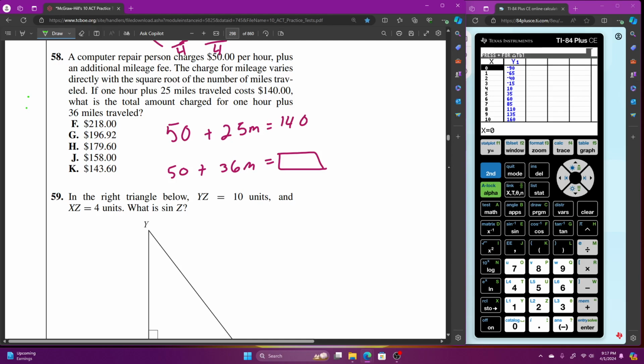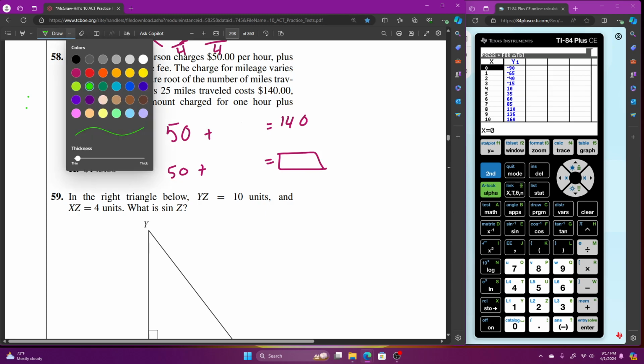Let's see. Maybe it's not exactly written like this. A computer repair person charges $50 per hour, and we know they only worked 1 hour, plus an additional mileage fee. The charge for mileage varies directly with the square root of the number of miles traveled. So we know that m is 25. We know that m is 36. Let me change my variable, because it should be the square root of those miles.